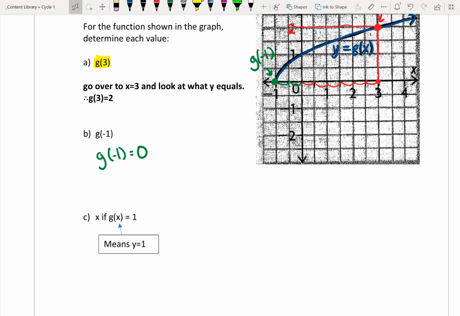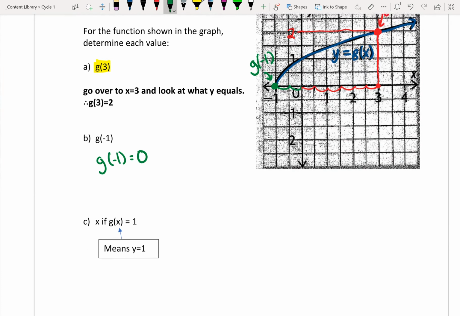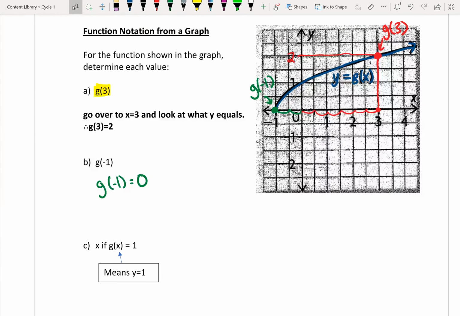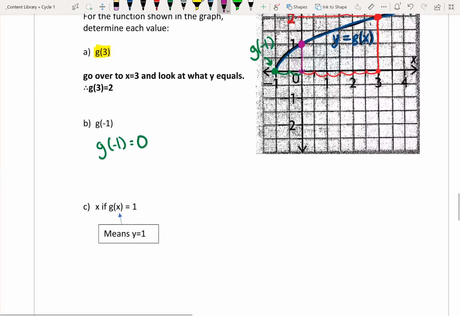Another way I might look at it is I'm looking for x if I know that my function is equal to 1. So I have to go to the y value of 1, which is right here, and figure out what x value gives me that function value.